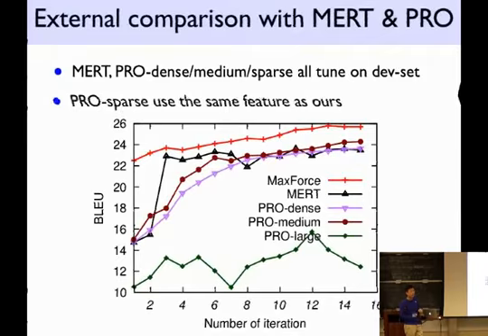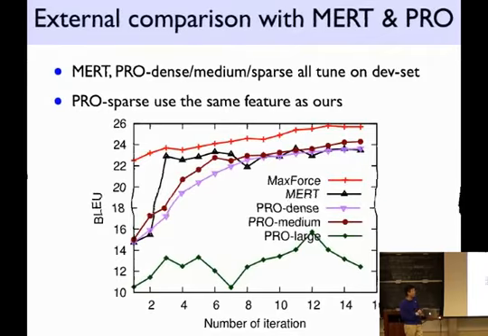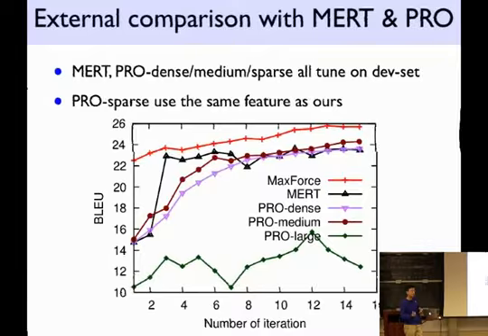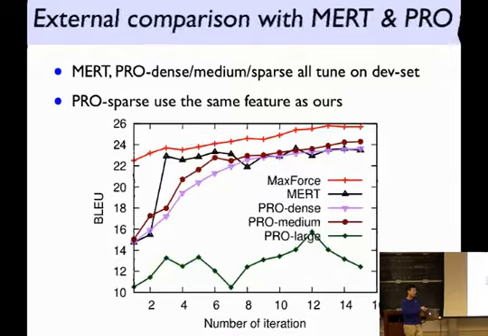Whereas PRO and MERT tune on the dev set, which I don't understand because that's very easy to overfit. So if we ran max force on the dev set, we would have to have another tune set to tell us when to stop. Yeah, so I guess it's just the size of the dev set, then.